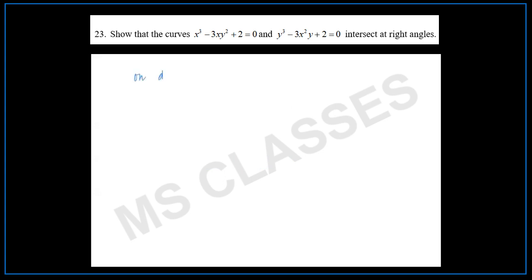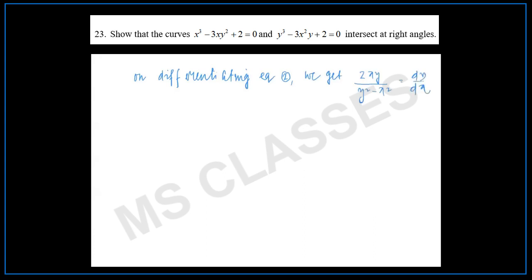On differentiating equation 2, we get dy/dx equal to 2xy by y square minus x square.